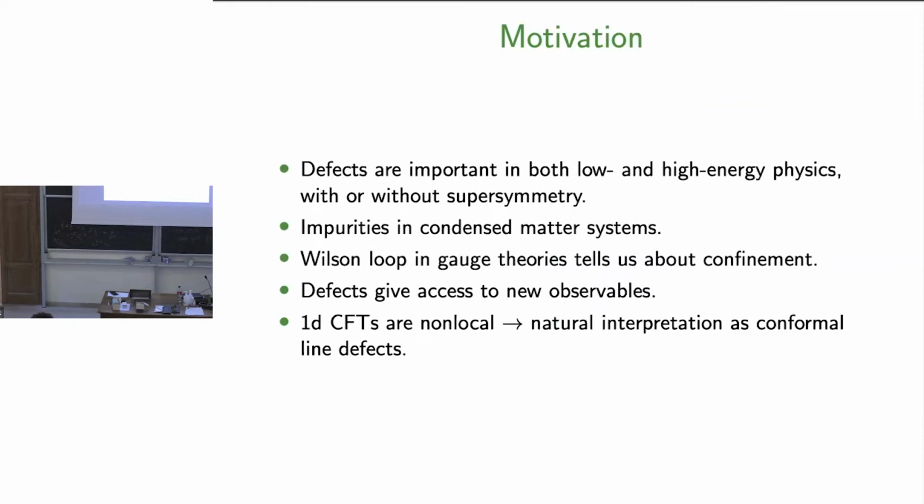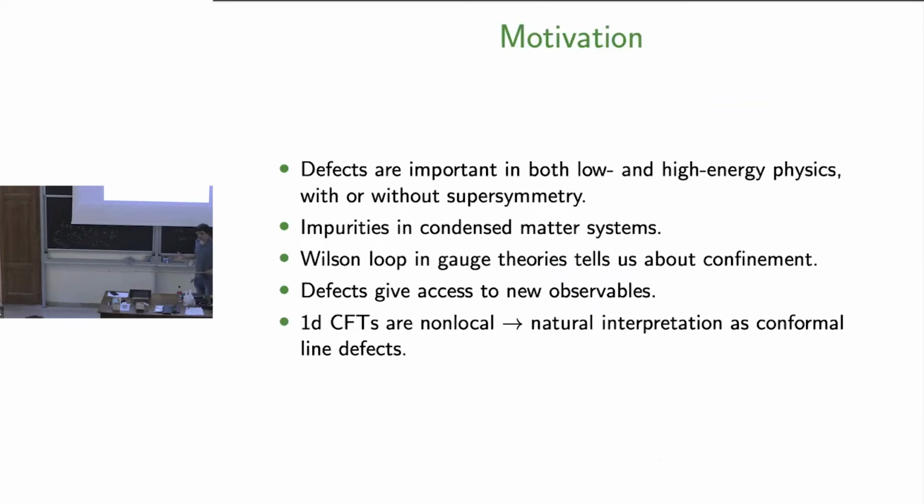So we're going to consider extended objects or defects in conformal field theory. In quantum field theory, they are important observables. In condensed matter, they describe impurities. In gauge theories, we have the Wilson loop, which is a famous observable that tells us whether a theory has confinement or not.